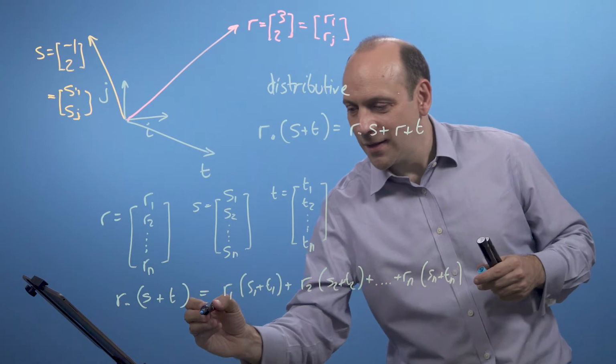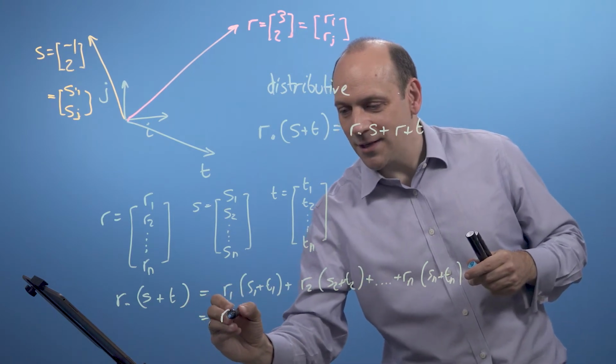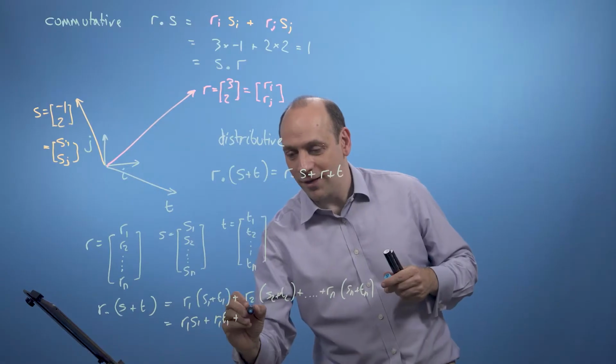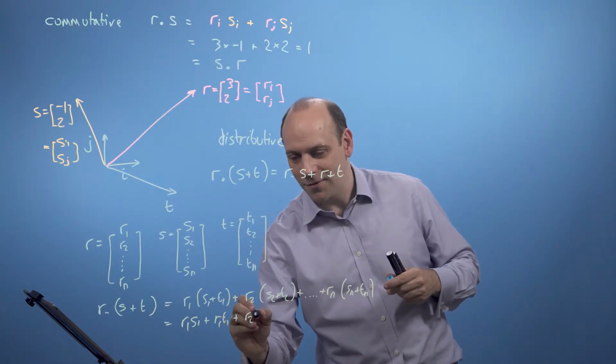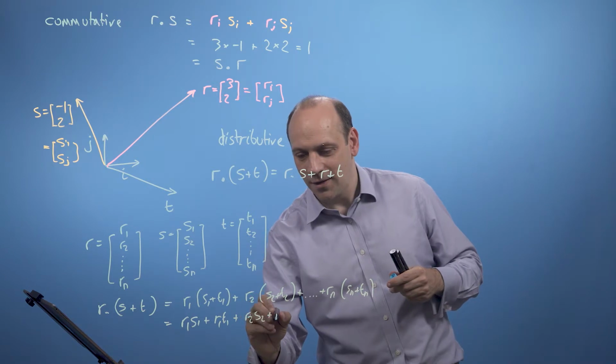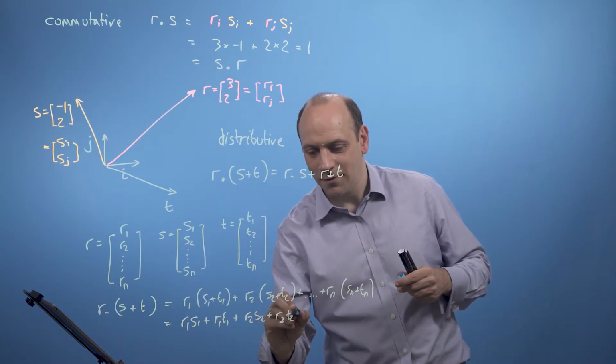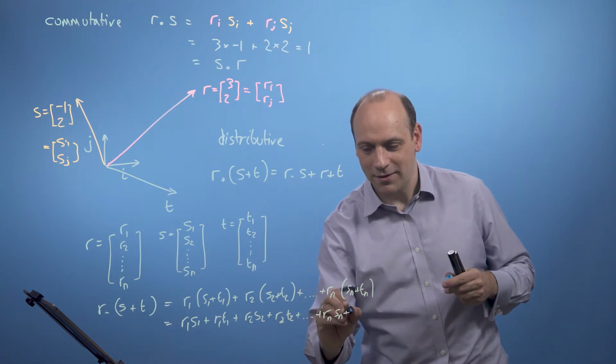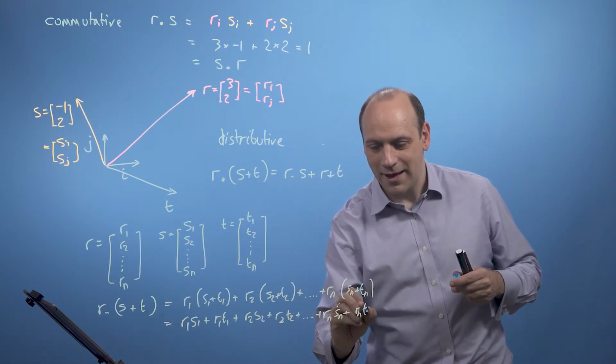And then I can just multiply out those brackets. That's going to be r1 s1 plus r1 t1 plus, now multiply out this bracket, r2 s2 plus r2 t2, plus all the dots, rn sn plus rn tn.